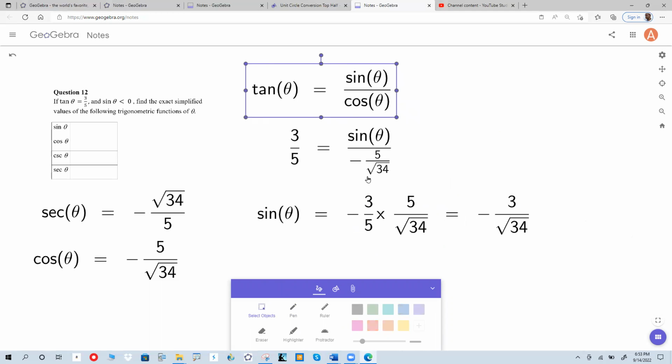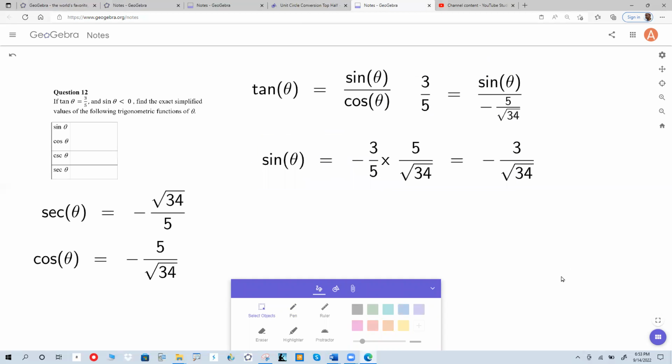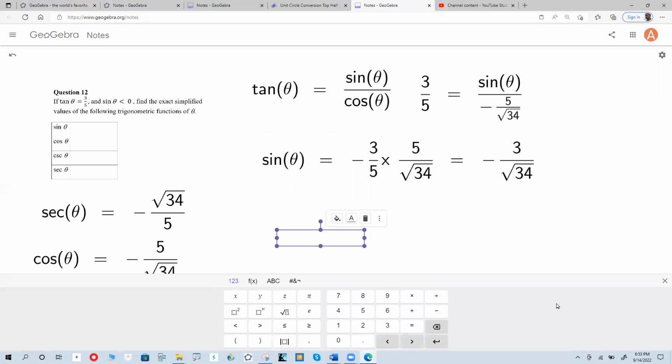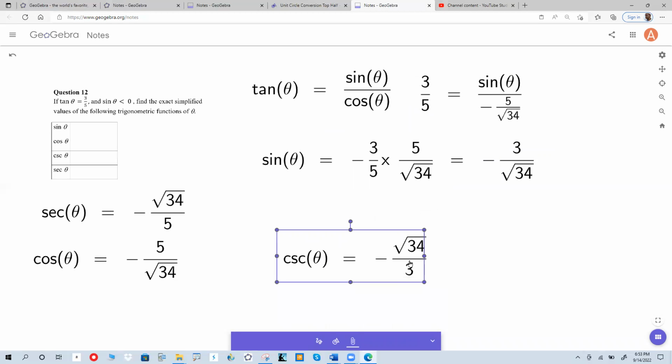I am almost done. I have to find cosecant theta, and that's very easy if you know sine theta. Cosecant theta is the reciprocal of sine theta. Done. I have all my answers right here.